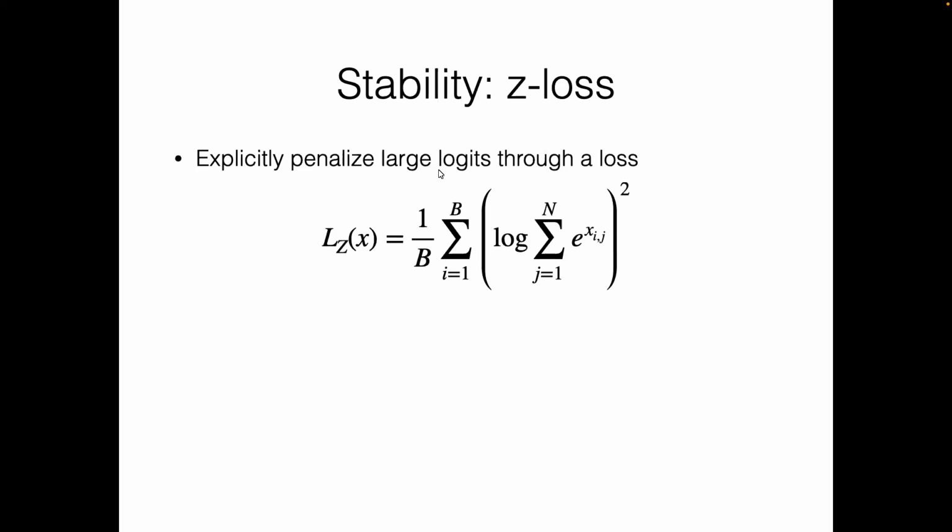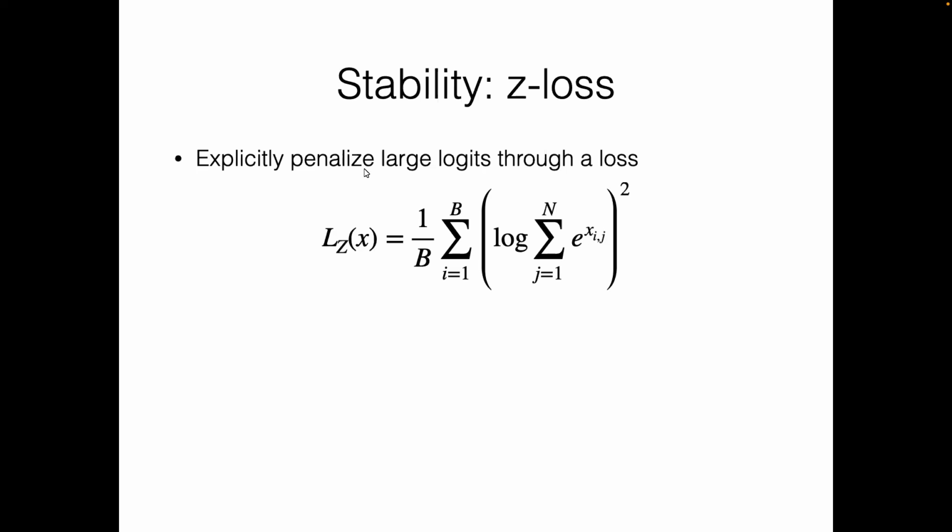So here, what do we have? Again, we have some unit. So this could be a batch, it could be a sequence, whatever. And then you're saying, okay, for each different expert, you might recognize this. This is the denominator in the softmax. And so again, you're just applying a penalty if this gets too large, right?